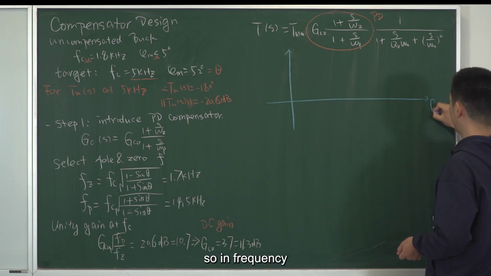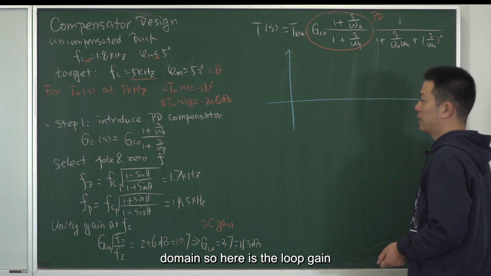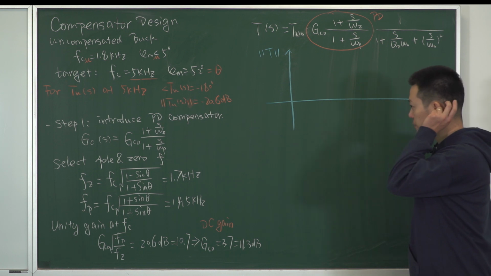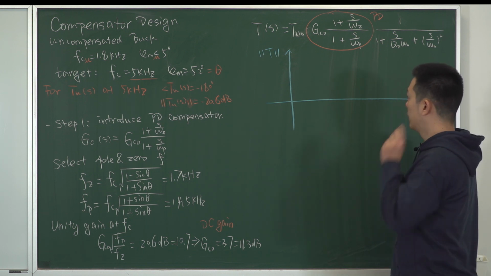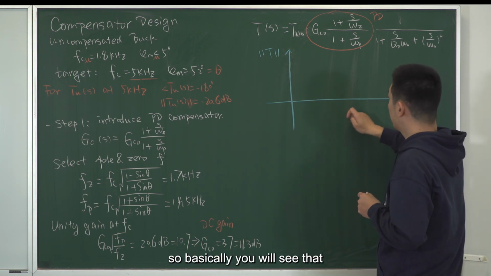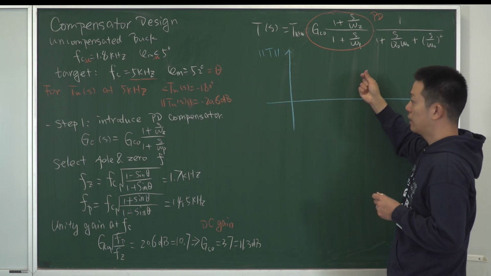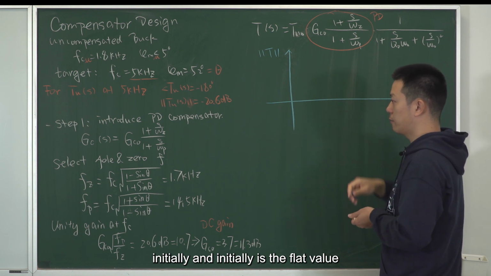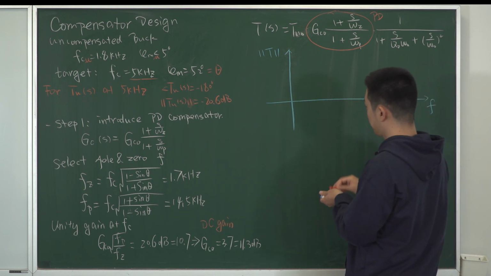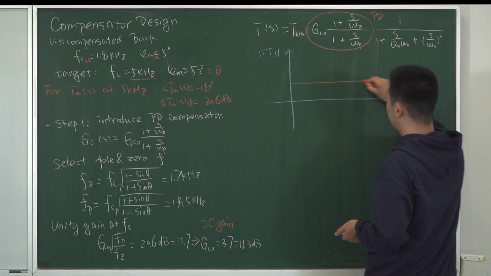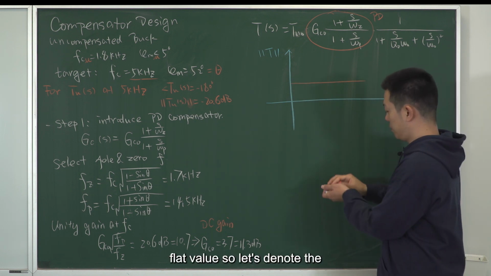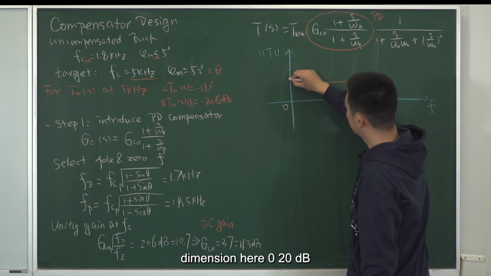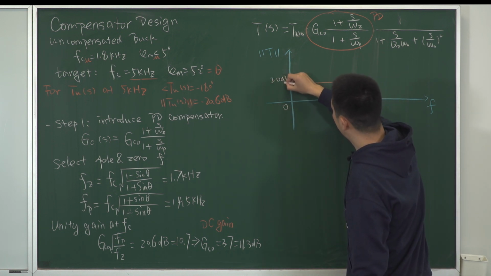In the frequency domain, here is the loop gain transfer function magnitude. Initially you will see a flat value; let's denote the scale here: 0, 20 dB, 40 dB.